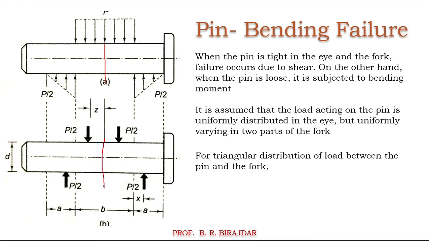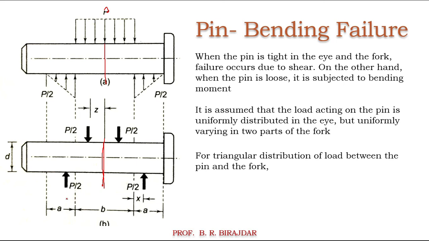Now as we are taking the section here, where the maximum bending moment is, this is the uniformly distributed load P, and on the left hand side we get P by 2, which acts at the center. The same thing applies to the uniformly varying load, it is P by 2, and it acts at 1/3 of the total distance A from this end.